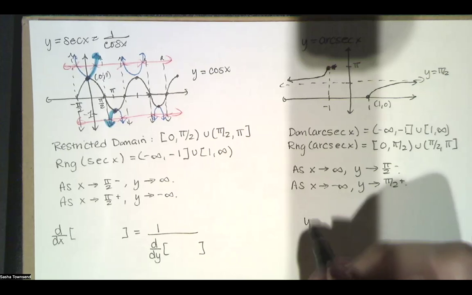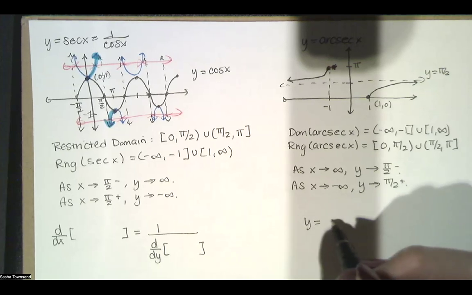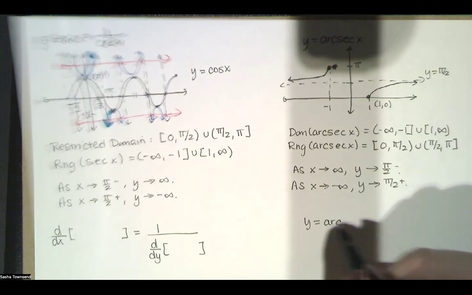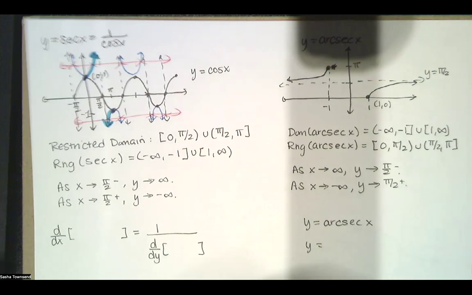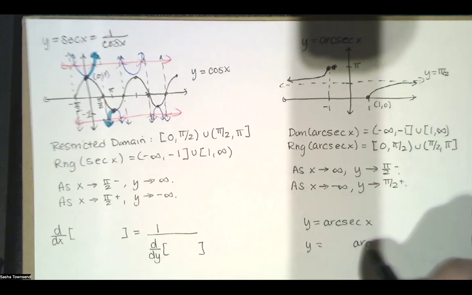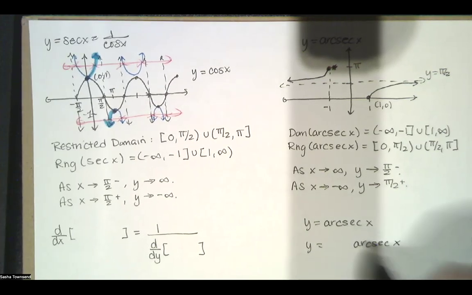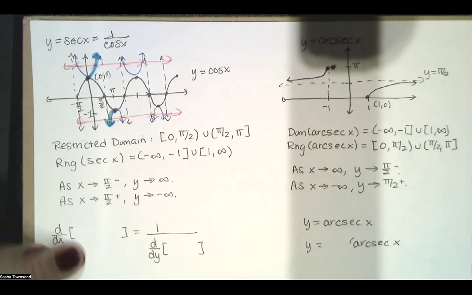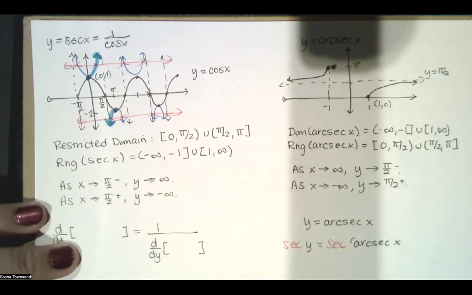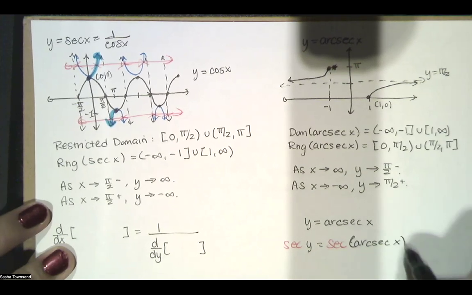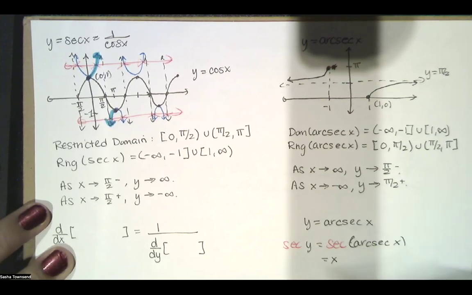And if we have y equals arcsecant of x, if we take the secant of both sides, we have the secant of y equals the secant of the arcsecant of x. And the secant of the arcsecant of x is just x.